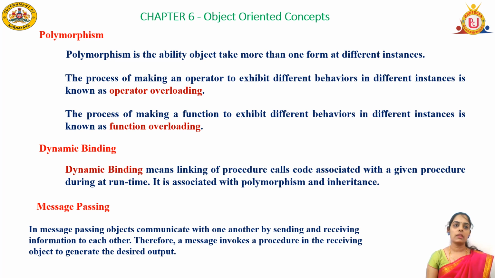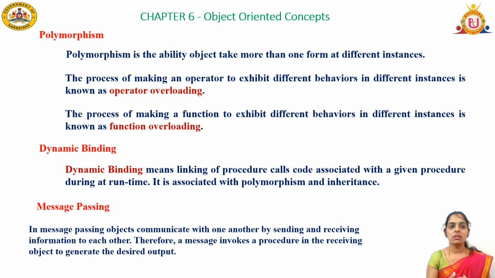Next one is dynamic binding. Dynamic binding means linking of a procedure call to the code associated with a given procedure during runtime. It is also associated with polymorphism and inheritance. For example, if we have two classes, a parent and a child class, and both classes have the same function, then the object needs to determine which method is to be executed during runtime.